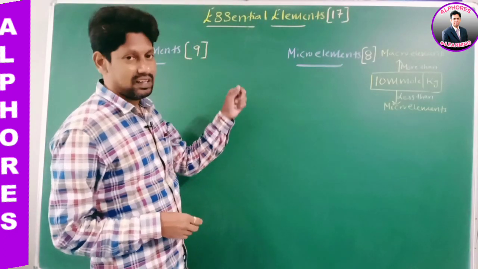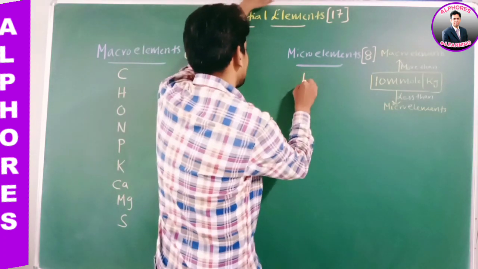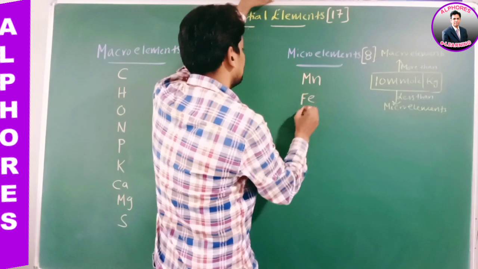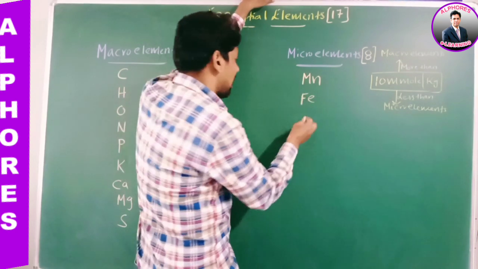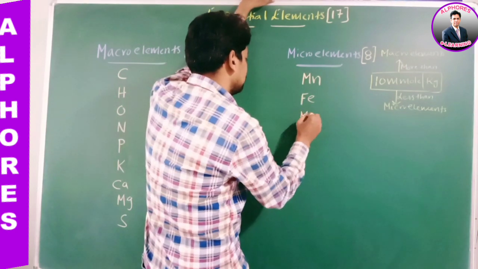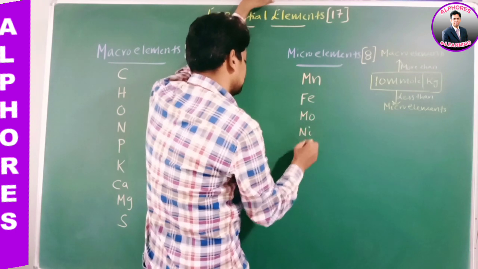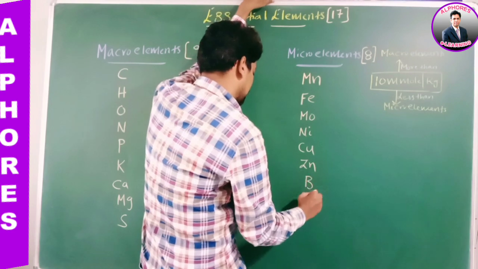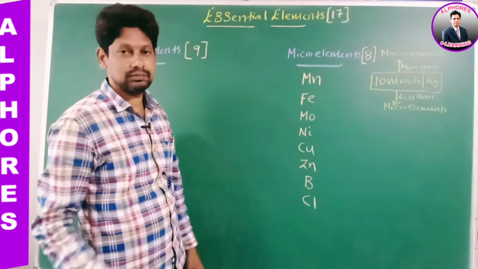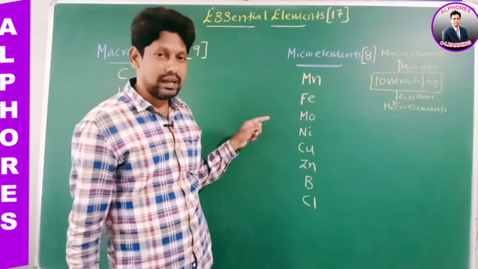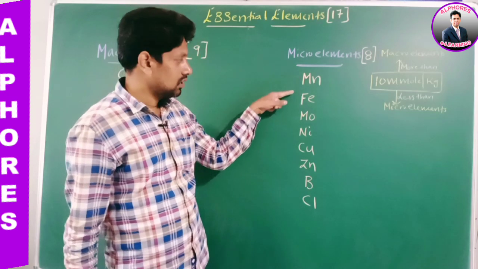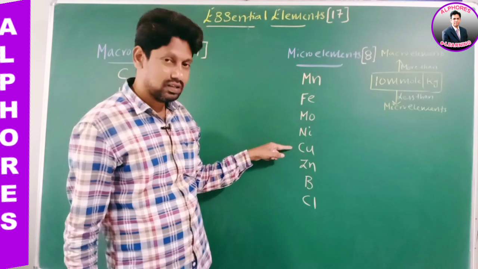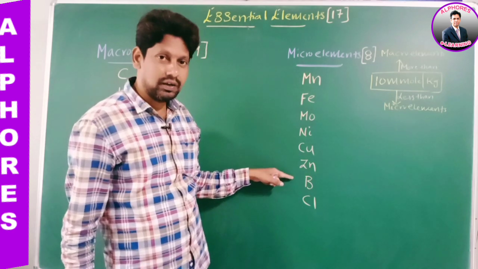How many are there? 8. I am writing that 8. Manganese, iron, molybdenum, nickel, copper, zinc, boron, chlorine.